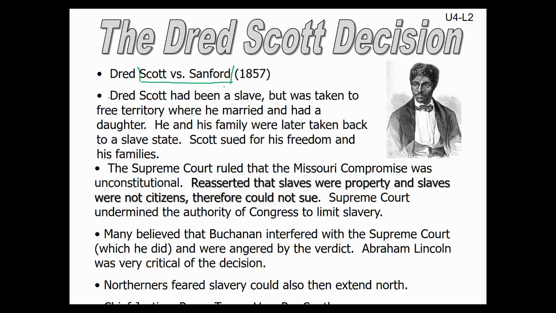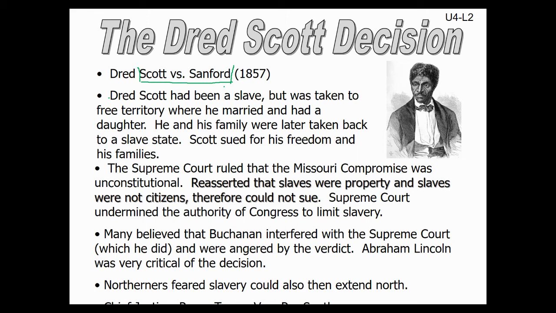Now, Dred Scott was a slave that was brought from the South through Illinois into Wisconsin. And with his slave owner, they lived in Wisconsin for 2 years. When they were going to return, he believed that he should be able to have his freedom because he lived in free territory. So he's going to try to sue for his freedom. Now, the Supreme Court is ruled by Chief Justice Roger Taney, a very pro-South, pro-slavery justice.